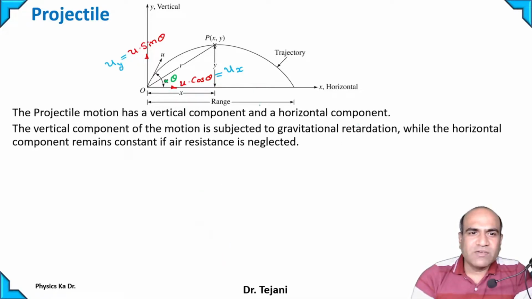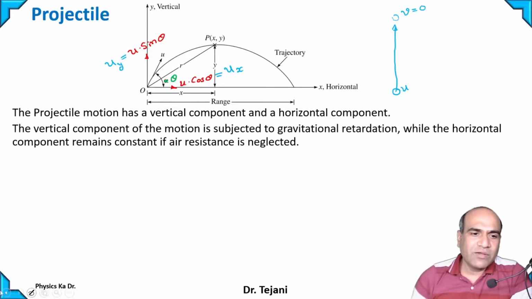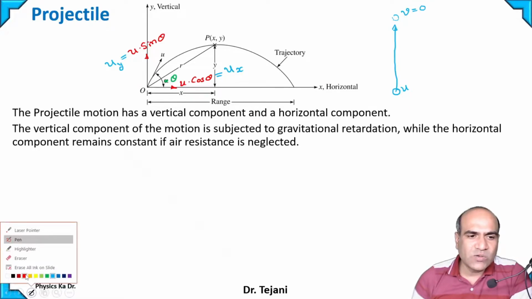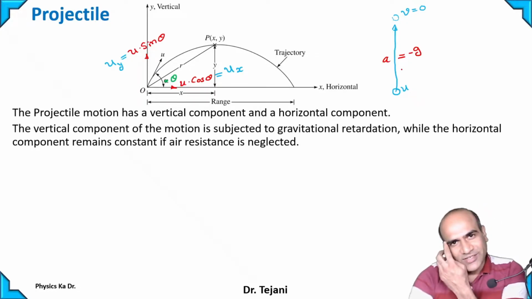Here, the vertical component of motion is subjected to gravitational retardation, or gravitational effect. If a ball goes in the upper direction, the initial velocity may be u, but when it reaches the topmost position, the velocity becomes zero. It is a similar case here, with minus g gravitational acceleration in the opposite direction.